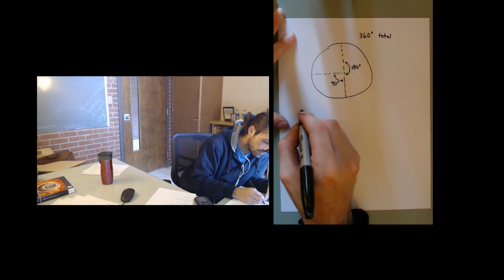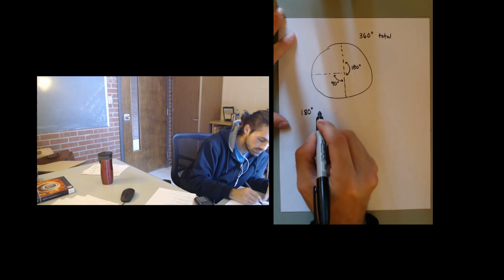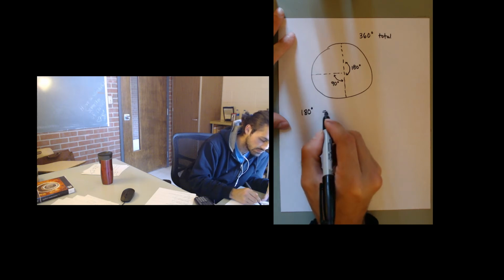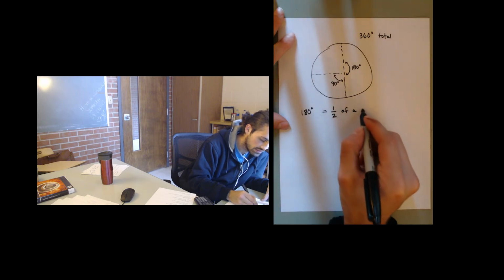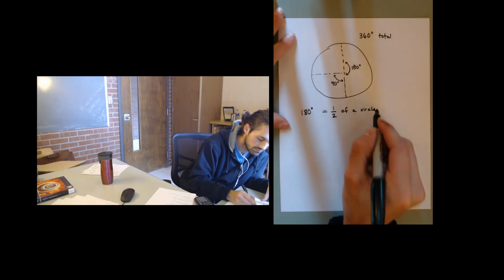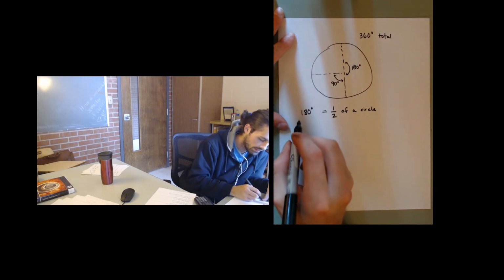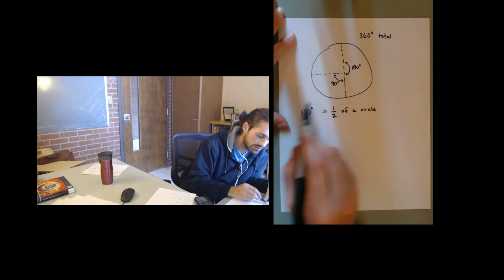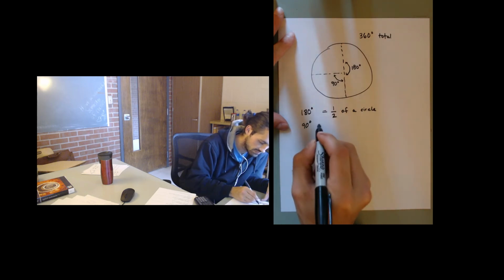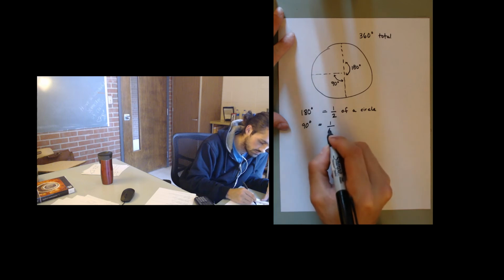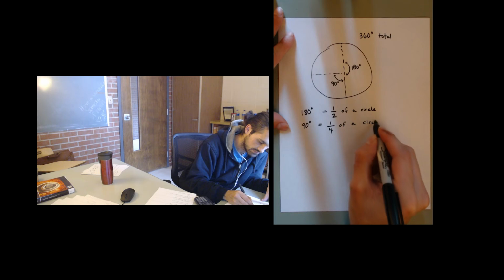So 180 degrees would be 1/2 of a circle. Okay. So how can we cook this up in general? Well, 90 degrees is 1/4 of a circle.